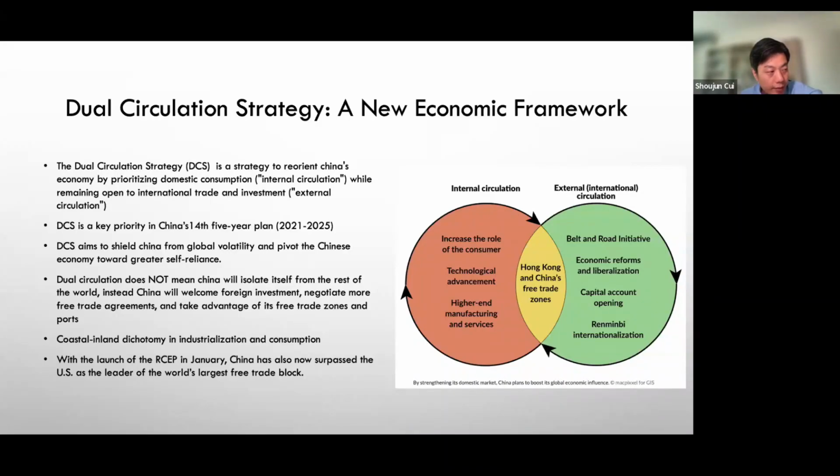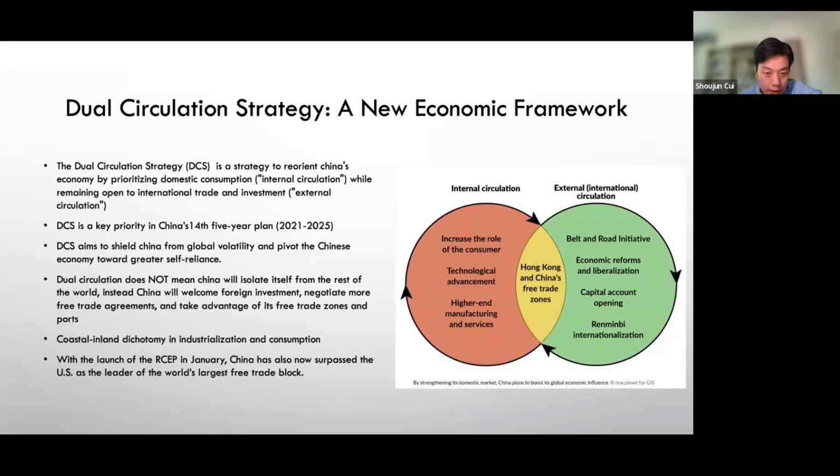Looking back at China's history, in the last decade China's leadership, the central government, has repeatedly emphasized the importance of the West exploration. The West exploration is meant to guide capital and human resources from the east to the west part of China, to the hinterland, in order to make the hinterland more prosperous.